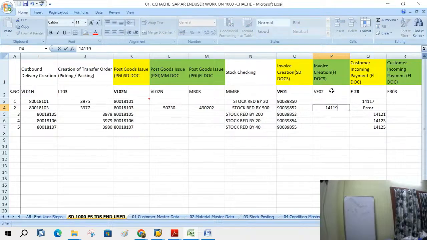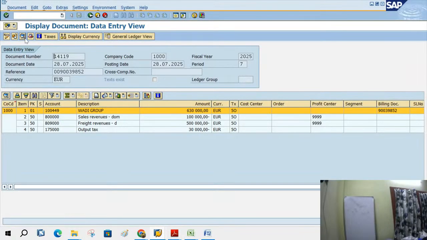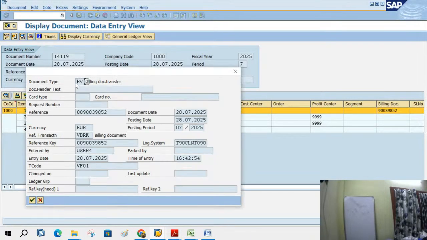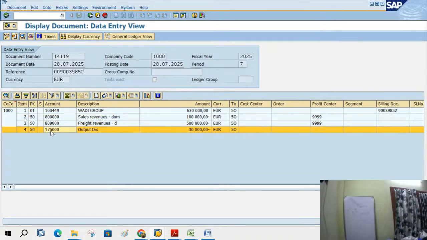And then what is the document type? FI document type RV. Correct? So how many GL accounts do I require? One, two, three, four. Correct? So totally I require five. Yes or no?